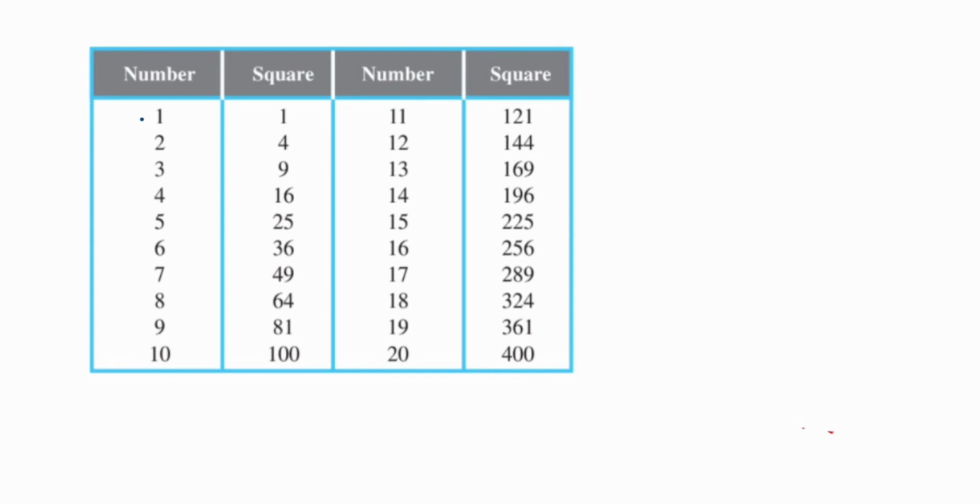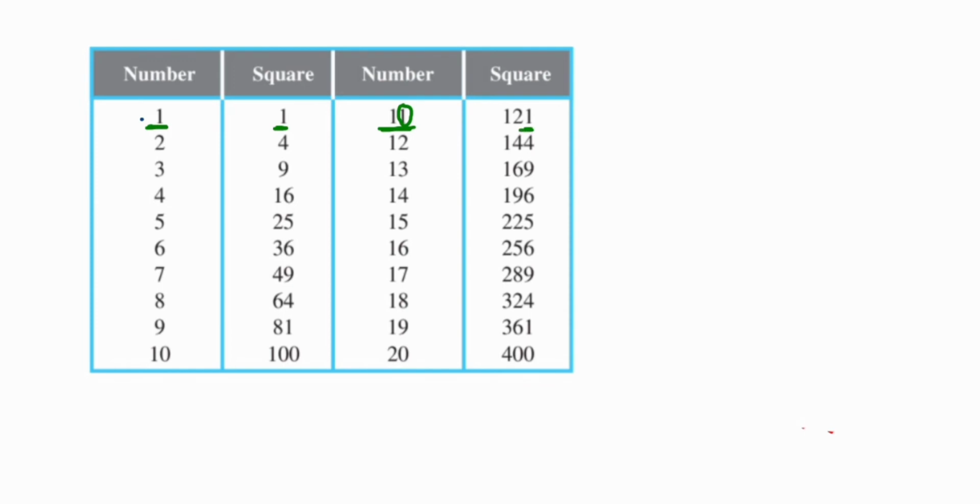Let's go ahead. Again, I'm going to use the same table. Once again, let us observe this. Here, if you observe the squares, I'm talking again about the unit place. The square of 1 is always 1, the unit place is 1. Again, if you look at 11 squared, the unit digit of 11 is 1, and the square of 11 is also ending with 1.